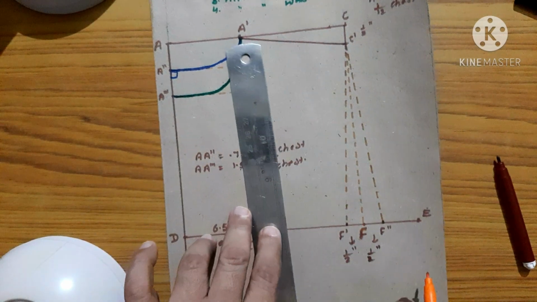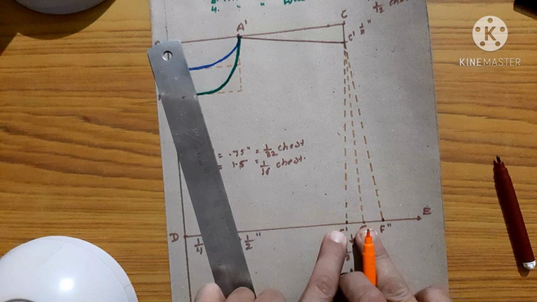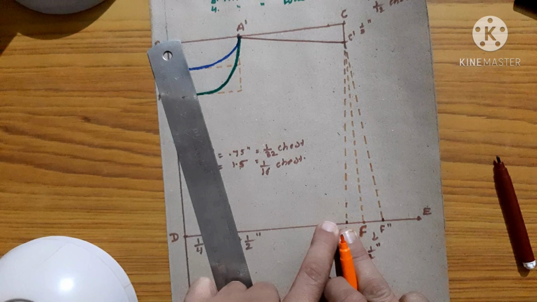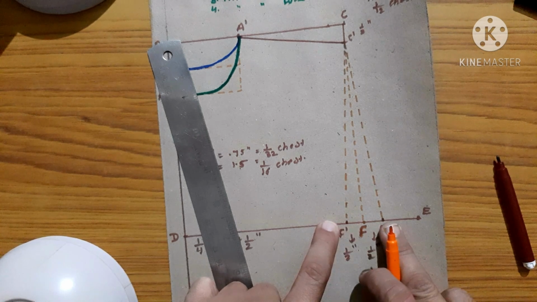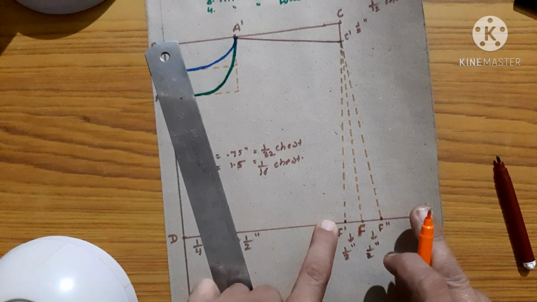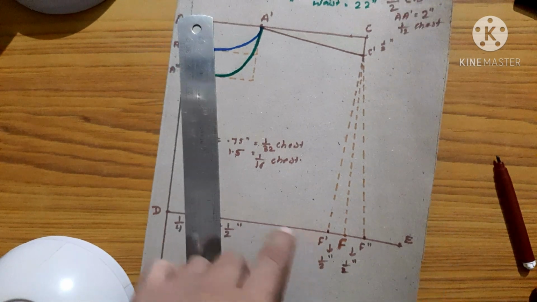Clear? Now we have three lines. This is the midline, which we don't have to use. This is the back line, which we would be using for the front armhole, and this is the second line, which we would be using for the back armhole. Front is always deeper than the back, always, right?